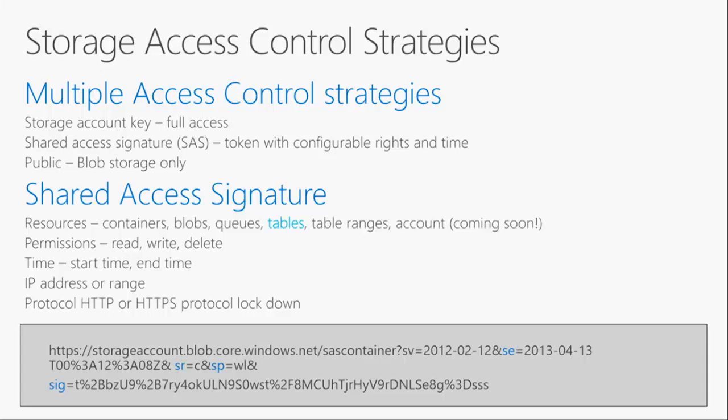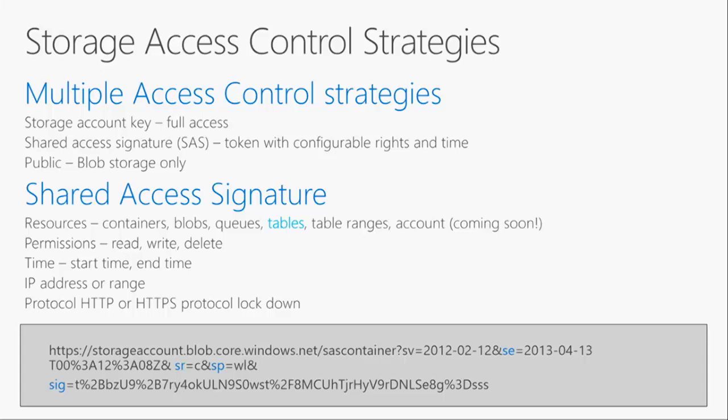I can also specify a time that's valid, start and end time. And then for very explicit situations, I could also add an IP or an IP range, which will lock down where the requests can come from. And then finally, I can also lock down things like the protocol, so HTTP or HTTPS.